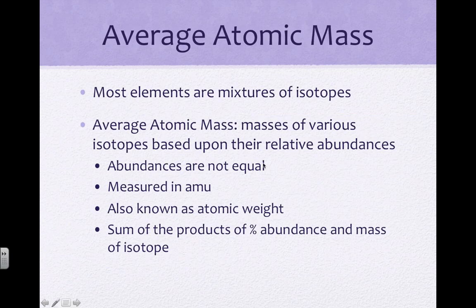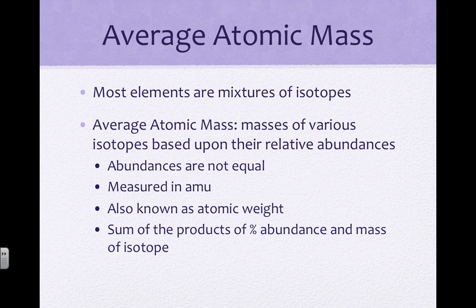In terms of average atomic mass, average atomic mass deals with the mass of all of the isotopes for particular elements. Average atomic mass is basically a weighted average of the abundances and their actual masses themselves. The percent abundance, or how often these different isotopes are found in nature, are not equal to each other.